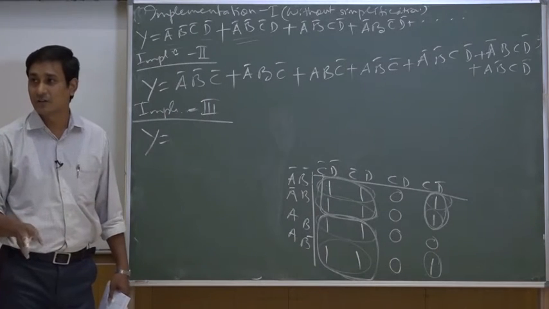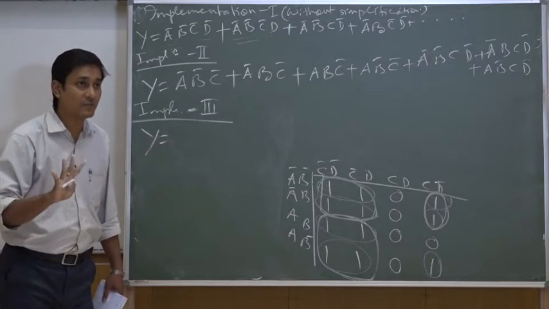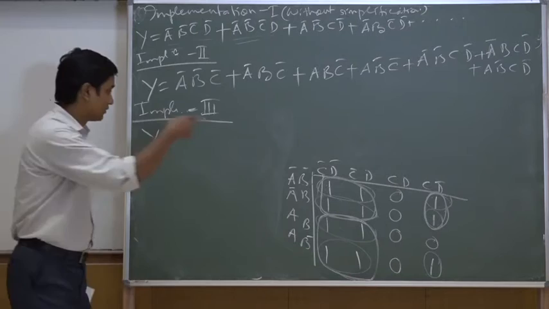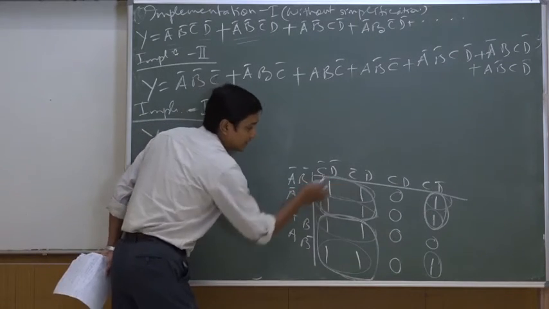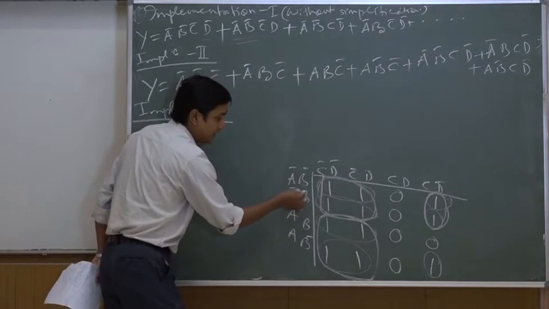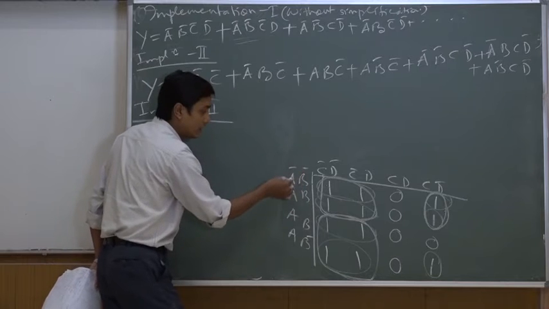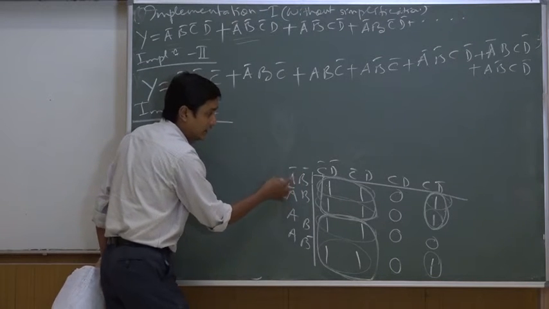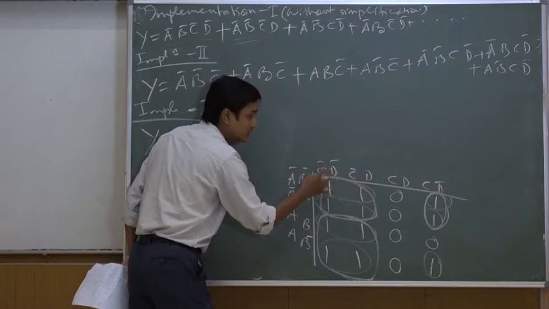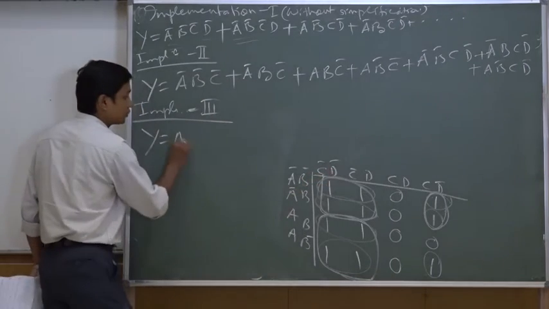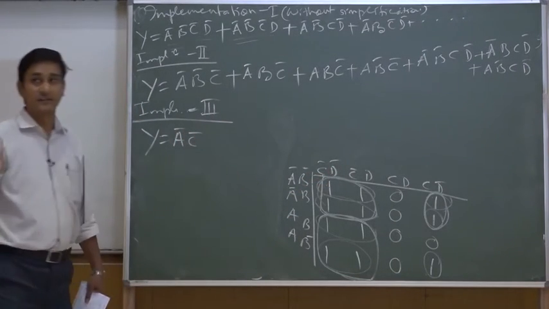So, how many terms are there now? Only 4 terms should come, which was 7 earlier. Let us go for that. For this first group, B bar is complemented, so A bar is left. Here D bar is complemented, so C bar is left. So this should be written A bar C bar. Done.